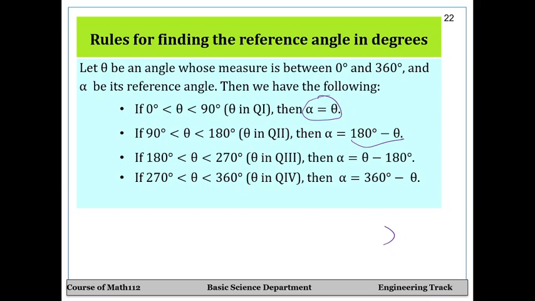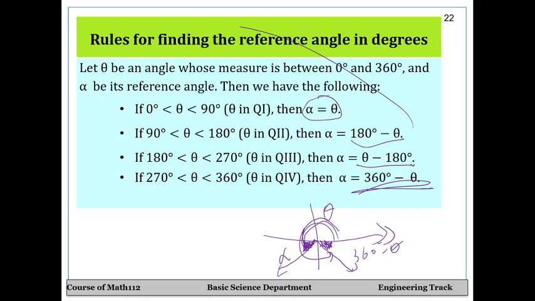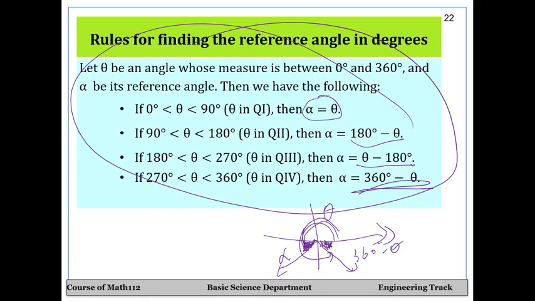If theta is in the third quadrant, this has to be our reference angle, which is theta minus 180. And if theta is in the fourth quadrant, then it has to be this angle, which is 360 minus theta. So this rule is telling you what to do if you want to find the reference angle of theta in different quadrants.